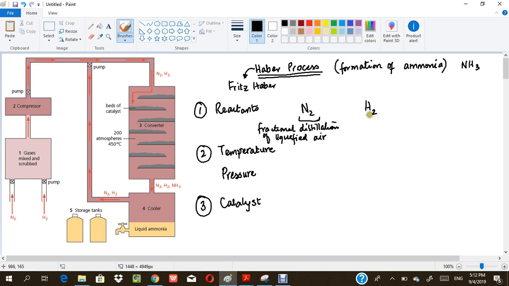So instead, hydrogen is obtained through the ground, right? Hydrogen is obtained through fossil fuels. And there are two methods of obtaining hydrogen, both of them involving fossil fuels. One of the methods is known as cracking of hydrocarbons.